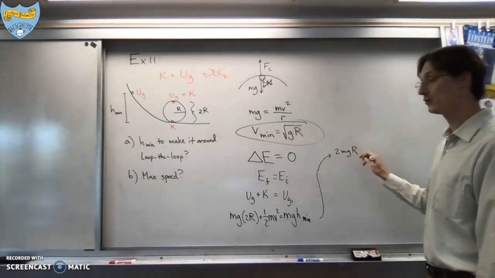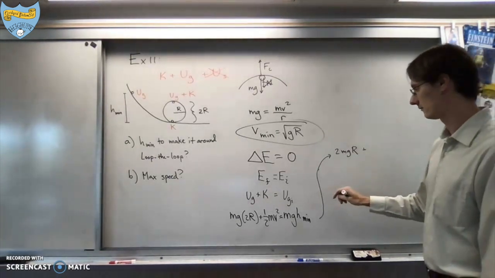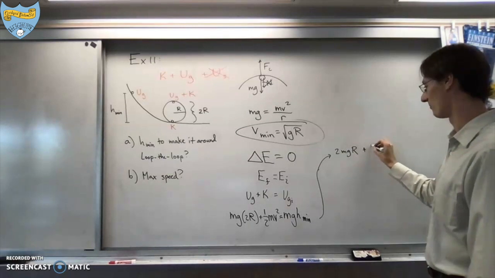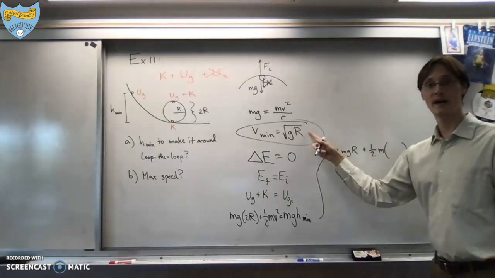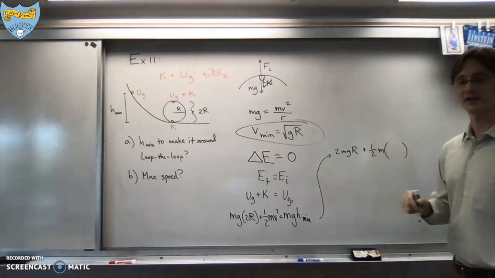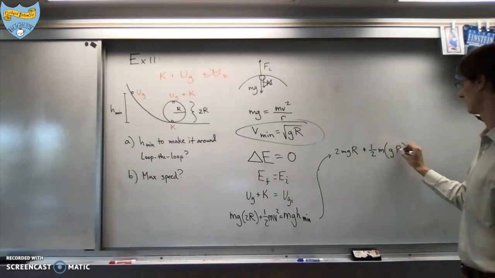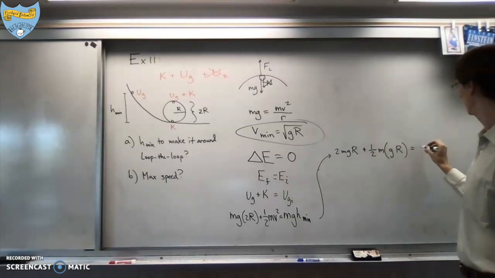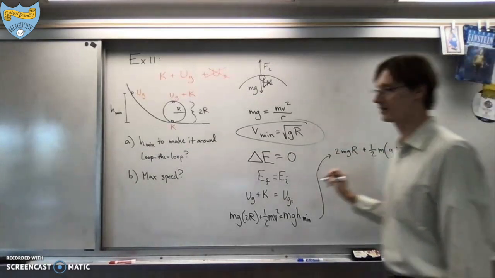Okay, so 2mgr plus 1/2 m. All right, here's my v, and it's squared, which undoes the square root, and then equals mgh min that I'm trying to solve for.